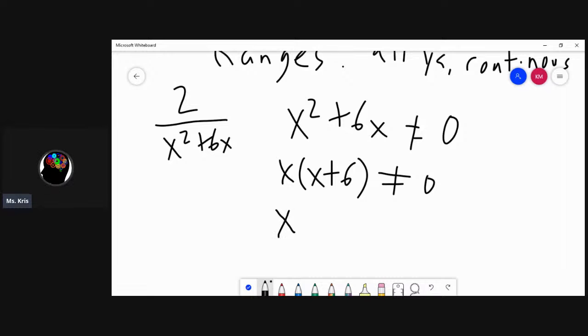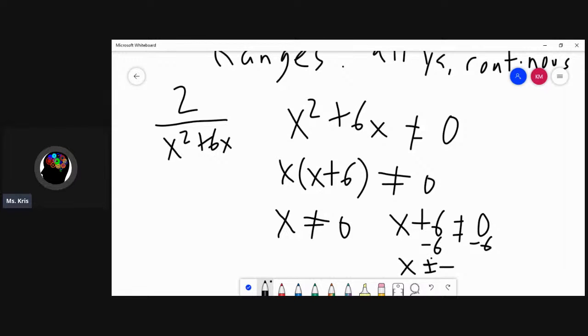So you have x cannot equal 0, and x plus 6 cannot equal 0. Therefore, if I subtract 6 on both sides, x cannot equal negative 6.